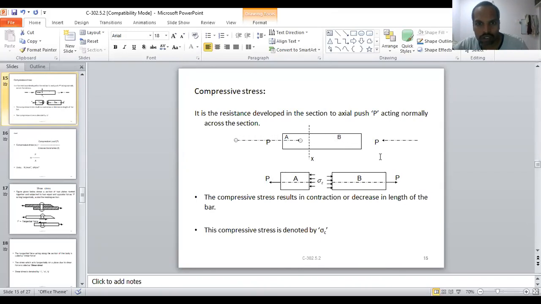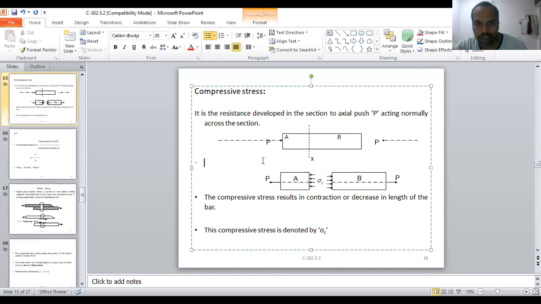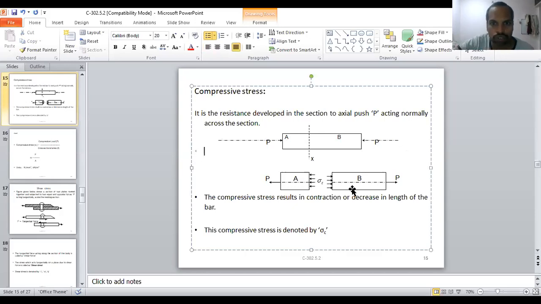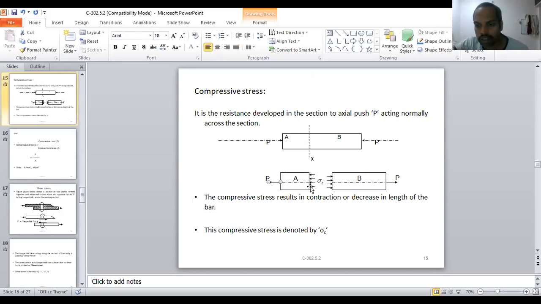So it is very wrong. The forces shall act towards each other. That is what the compressive force is. Here also it is the same thing. I think it happened by mistake. So I will change it right now, so there will not be any further confusion.